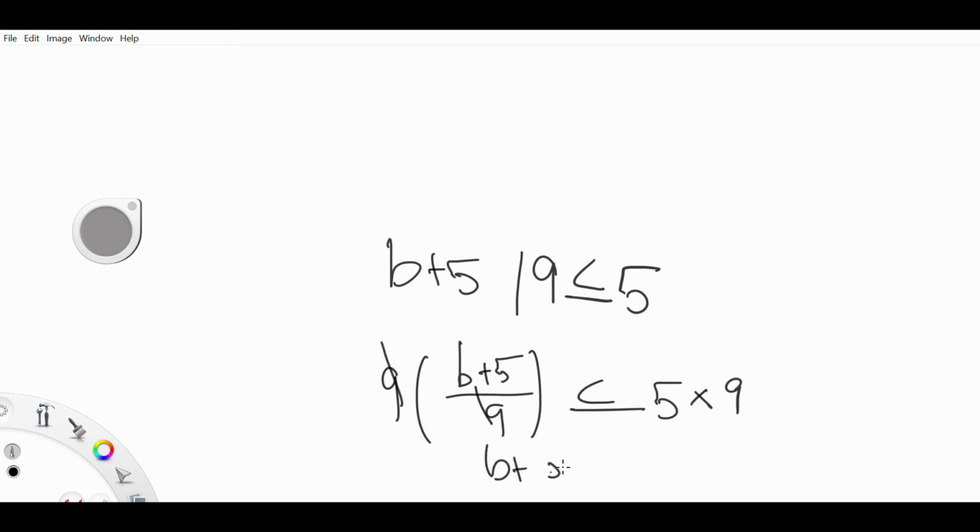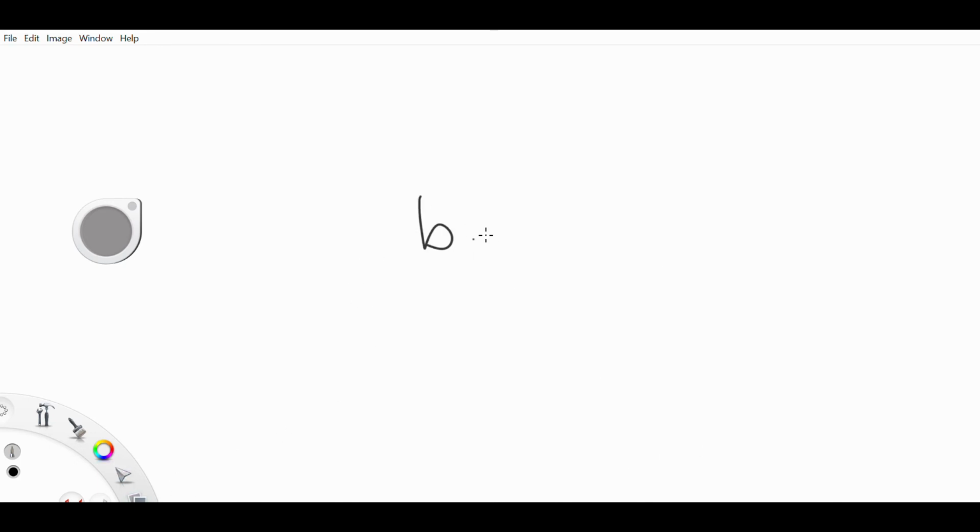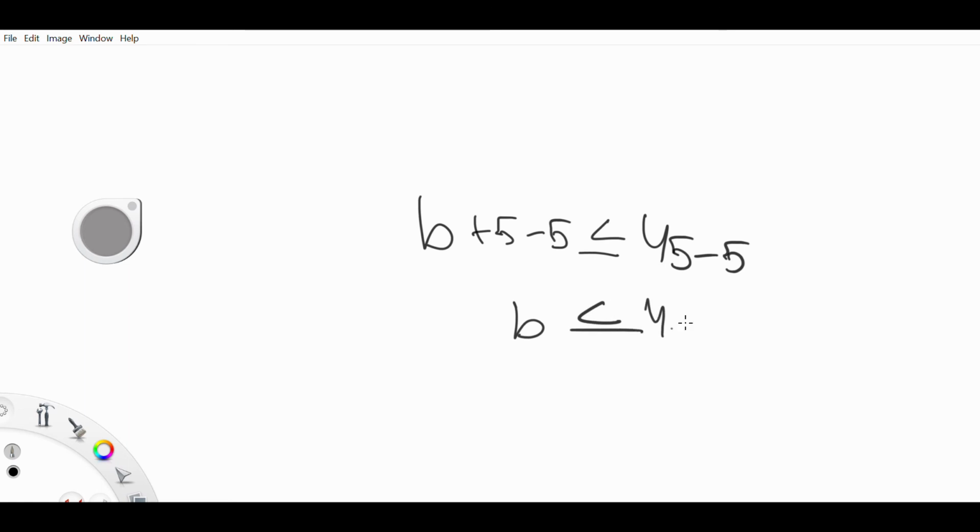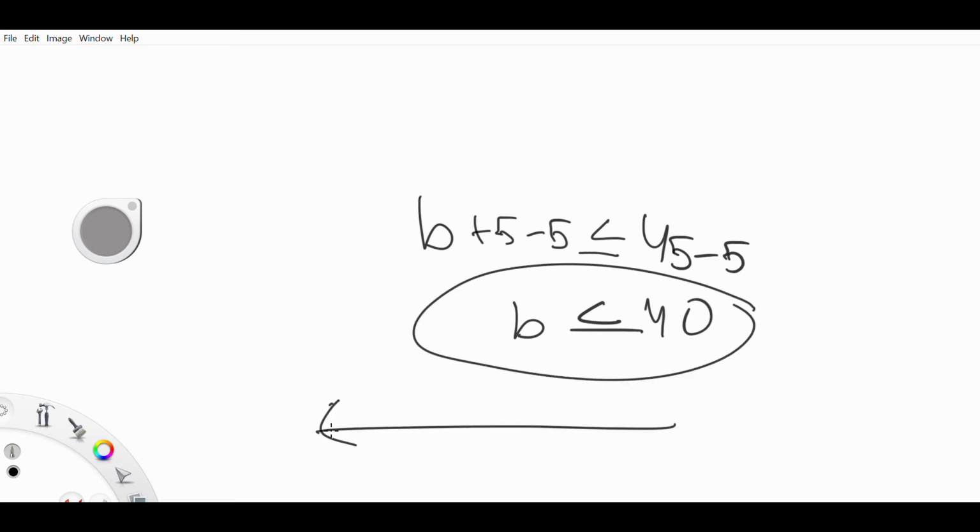So b plus 5 is less than or equal to 45. And then we would get b plus 5 minus 5 is less than or equal to 45 minus 5. And we get b is less than or equal to 40. And that would be a solution. And we will graph it like so.